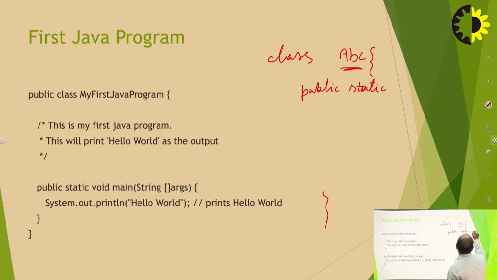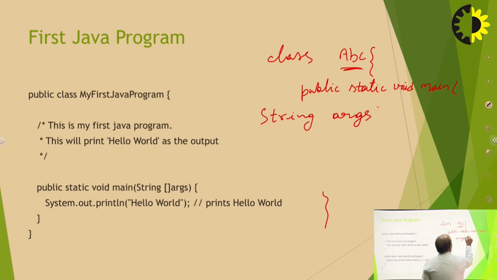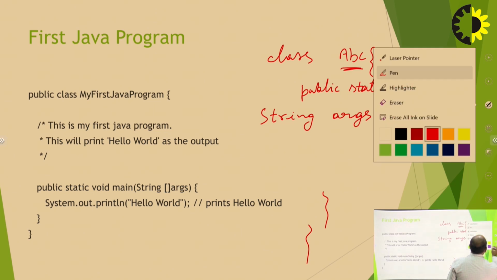After that you have to write the return type of that main function, then write the name of the main function, and within that main function you have to pass a string array. I have named that array ARGS, and within that main function you start writing your code. So, I am writing this more clearly here.